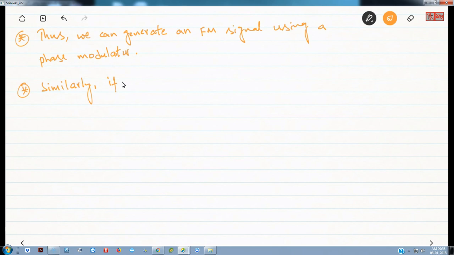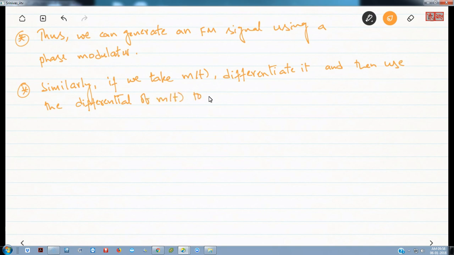Similarly, if we take m of t, differentiate the signal, and then use the differential of m of t to generate an FM signal, the result is a phase modulated signal.